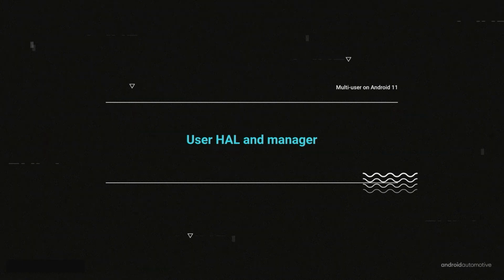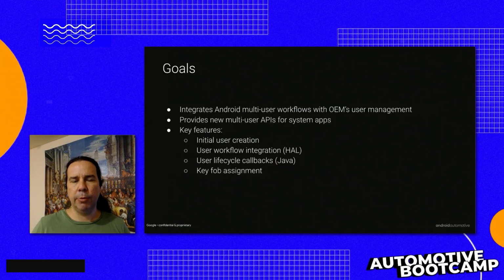So first, on Android 11, we added the new user HAL and manager. Let's start with the user HAL, which are kind of integrated. When we say user HAL, it's a way for the OEM to interact with the Android multi-user workflow. Let's say each driver has their own seat adjustments or mirror adjustments.